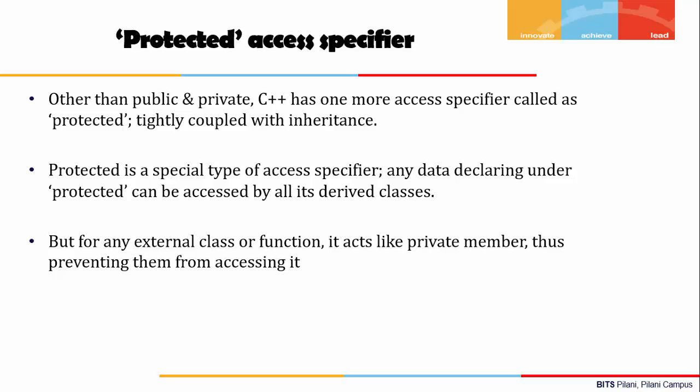But they can also access them if they are protected. So if the access specifier is protected, the derived class can still access base class members or member functions, but they cannot access private members.